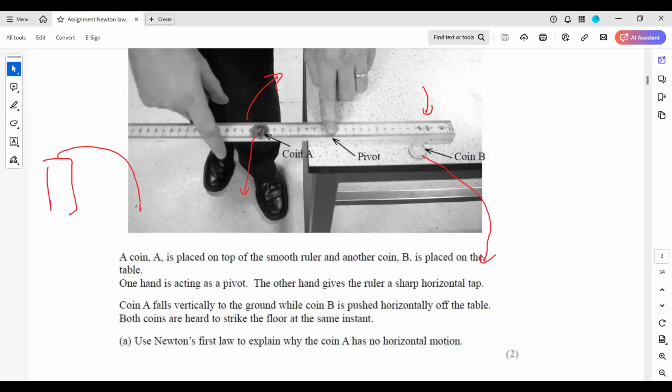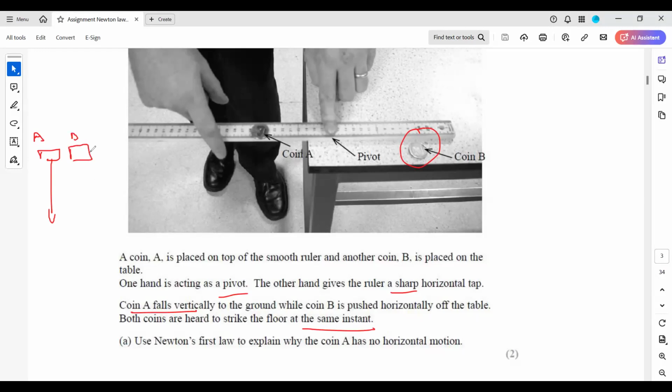One hand acts as a pivot, and the other hand gives the ruler a sharp horizontal tap, as you can see here. Coin A falls vertically, and coin B follows a trajectory like this. He observed that both coins hit the ground at the same time.